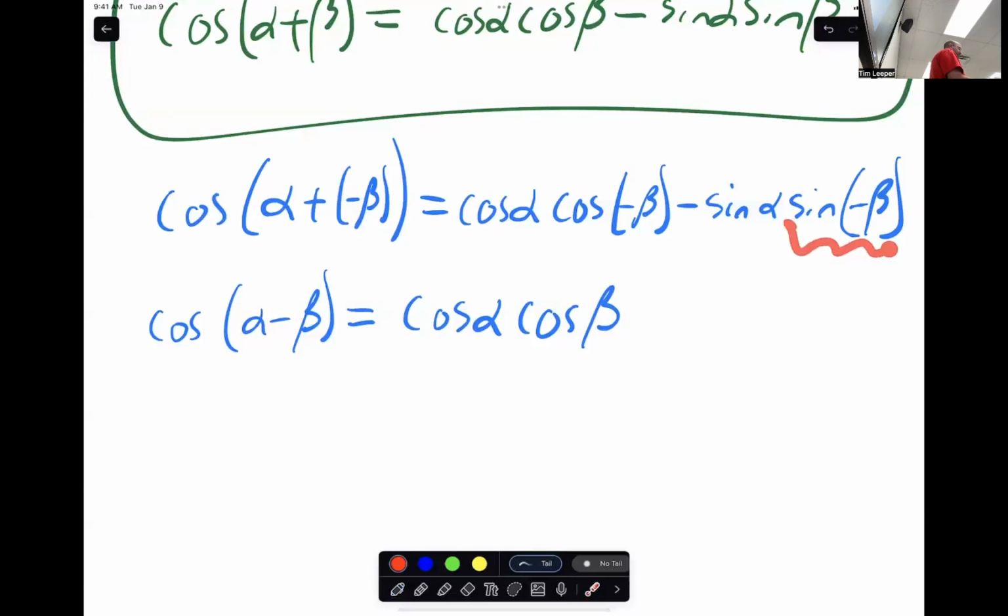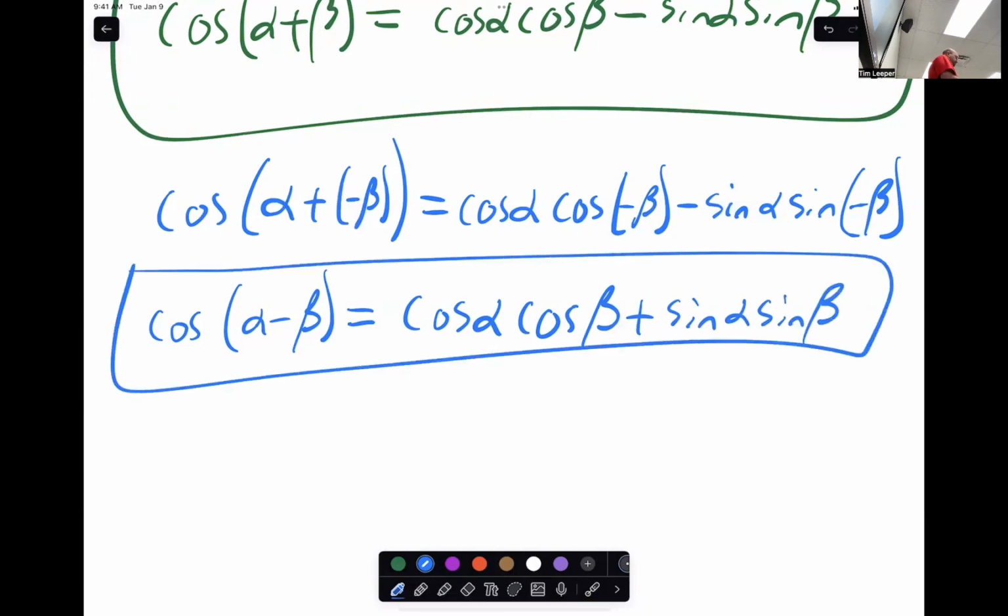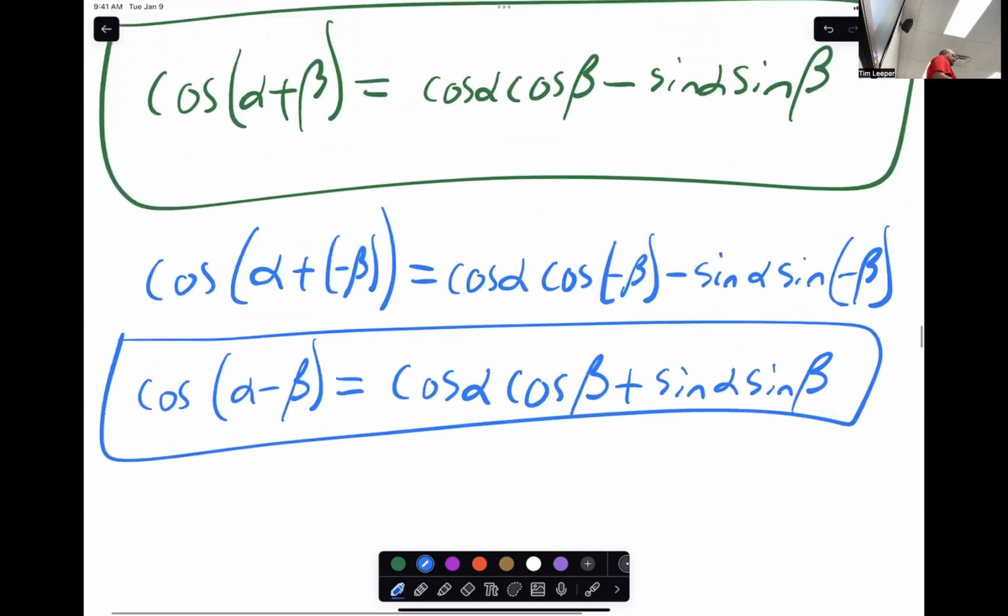And then what about sine? Is sine even or odd? It's odd. And with odd, you have to move that to the outside. But two negatives as a result will give us a positive: sine alpha, sine beta. And there you go. There is your cosine of a difference formula. It follows directly from the cosine of a sum formula.